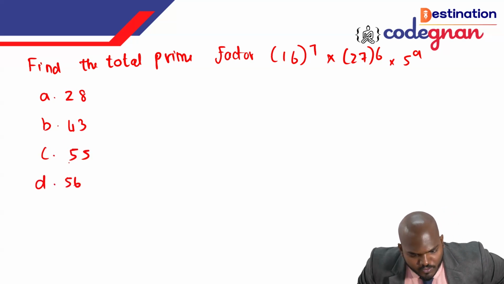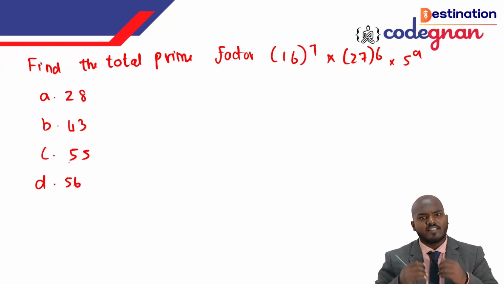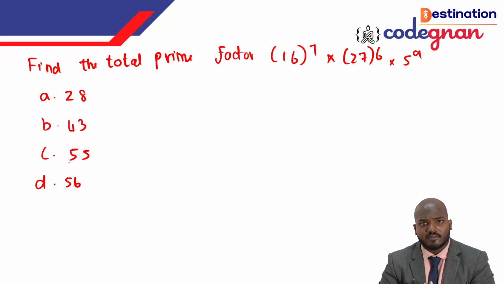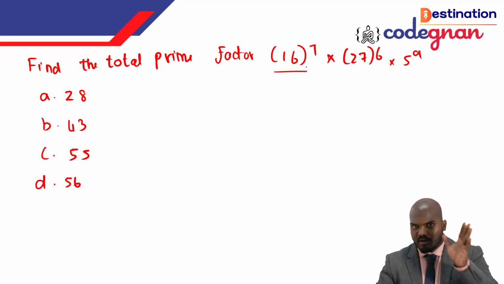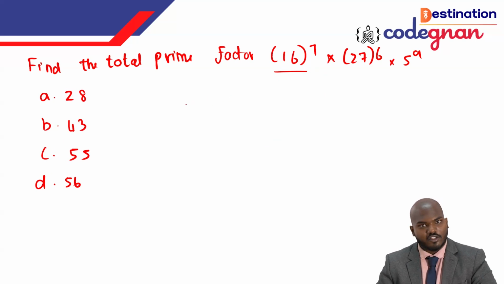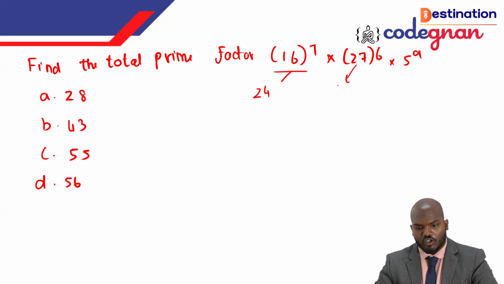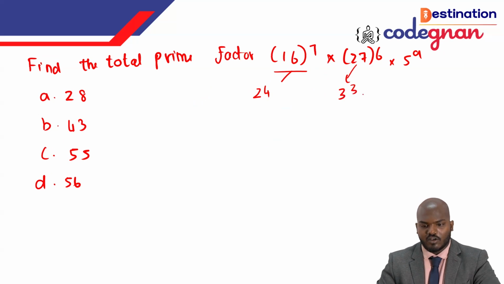So now we have a term like 16 power 7 here. What is 16 power 7? You know that 16 is not a prime number. So how do we convert this one? You could convert it to 4 square, but 4 is also not prime. We can say that 16 is equivalent to 2 power 4. 27 is equivalent to 3 cube. And coming to this one, 5 is a prime number.